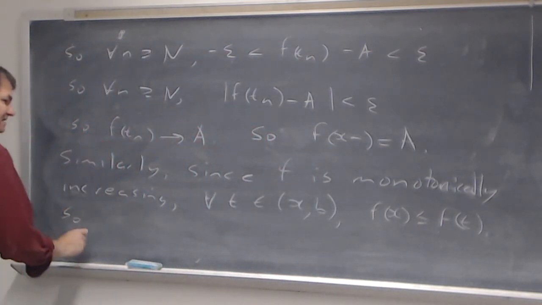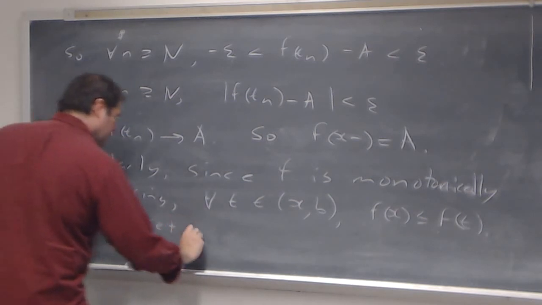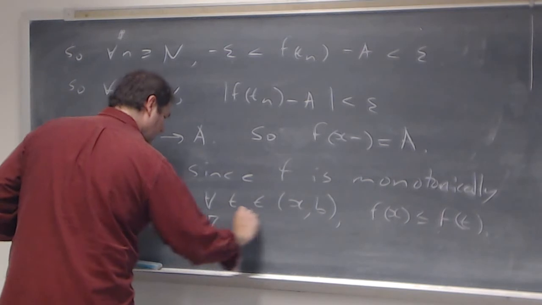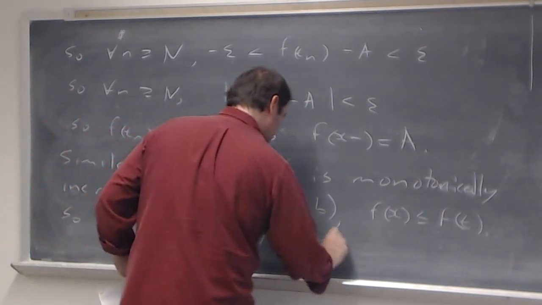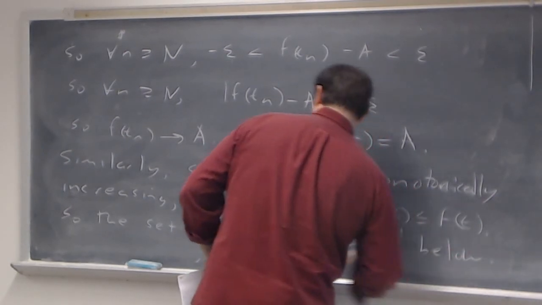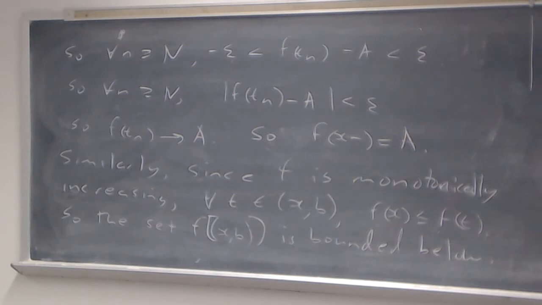So what that tells us is the set f of x to b is bounded below, since it's a subset of the real numbers, and so the infimum exists.